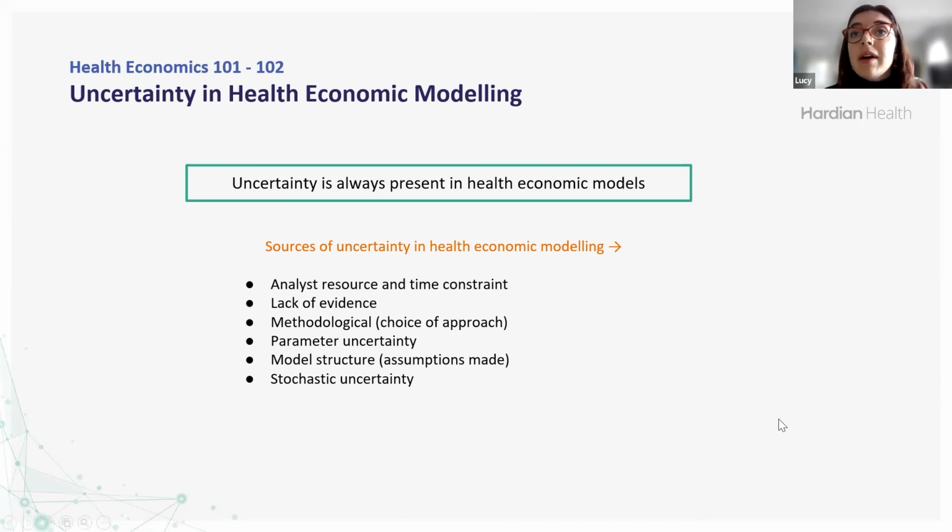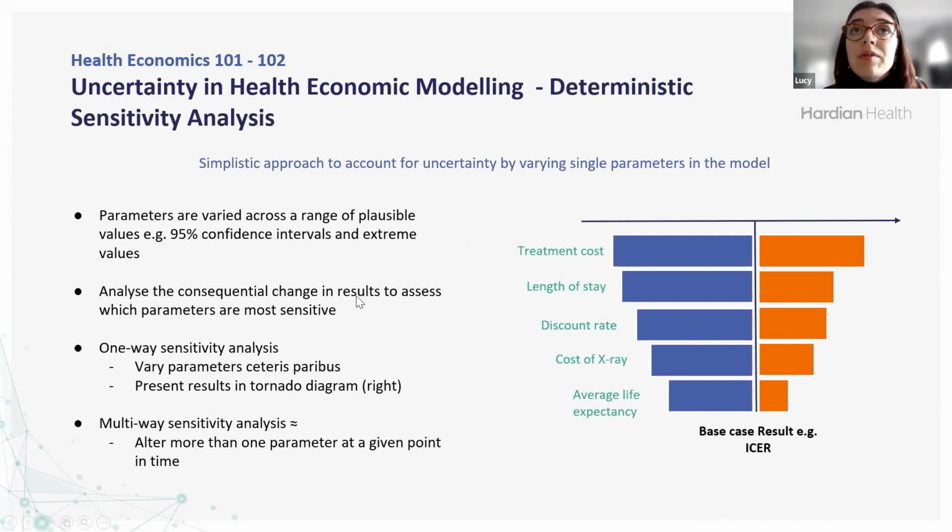And there are three ways in which we account for uncertainty in models. The first way is the deterministic sensitivity analysis. This is the most simple way to account for uncertainty, where you take parameters, or ones that you are uncertain of at least, and you change the input value from the base case to an extreme or a plus minus value from the base case.